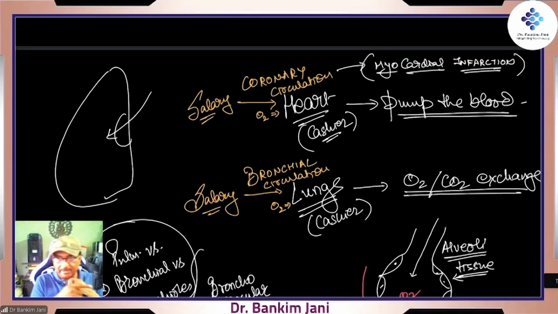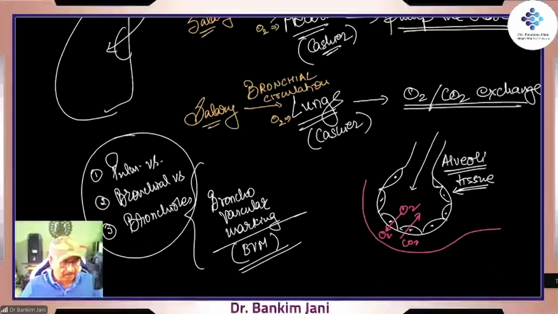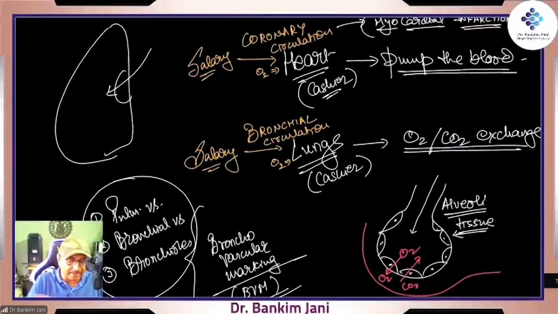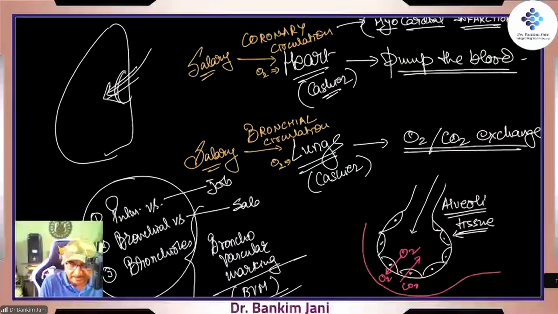What is going in and what is coming out? Pulmonary artery, pulmonary veins, bronchial artery, bronchial veins, and the bronchioles. That is the entire group which will be going inside and coming out. So the pulmonary vessels are its job, and the bronchial vessels are its salary.